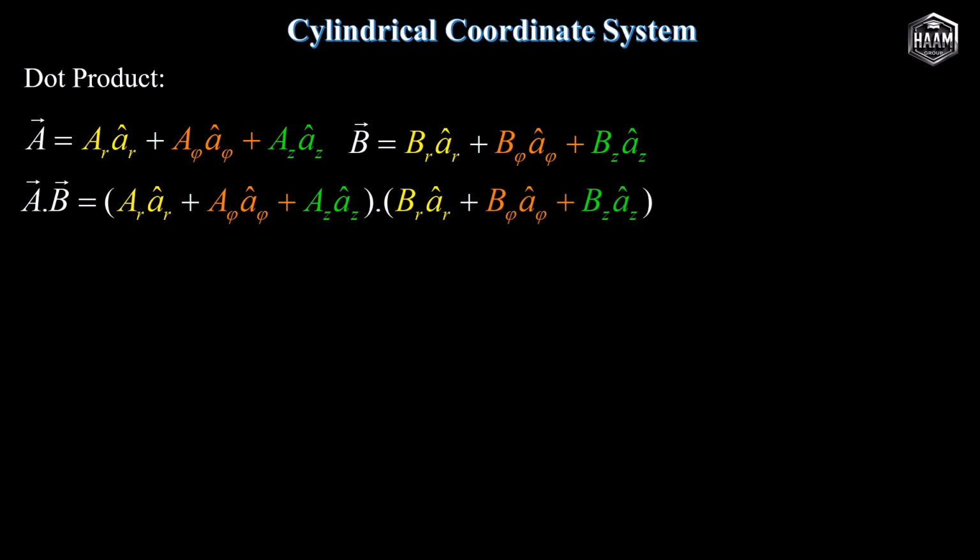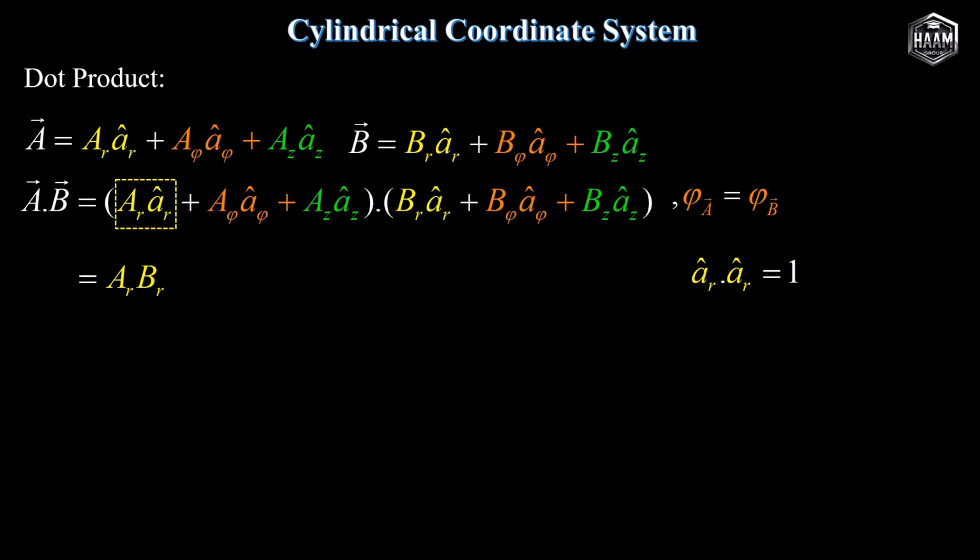Regarding the dot product in cylindrical coordinates, consider vectors A and B. Evaluating A dot B requires taking the dot product of each component of A with every component of B. Assuming both vectors share the same phi coordinate so that their directional unit vectors align, the computation yields the dot product of the R component of A with the R component of B equals A sub R times B sub R, because the dot product of unit vector a hat sub R with itself equals 1.